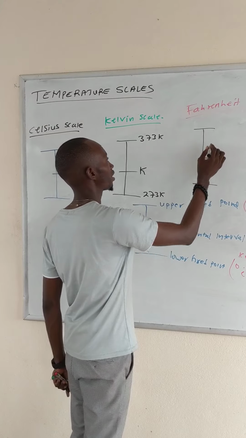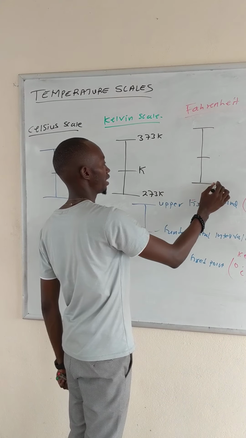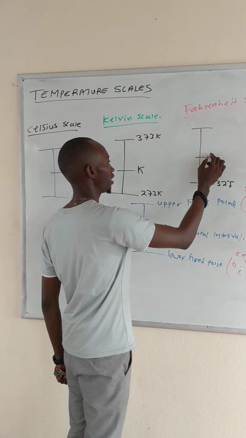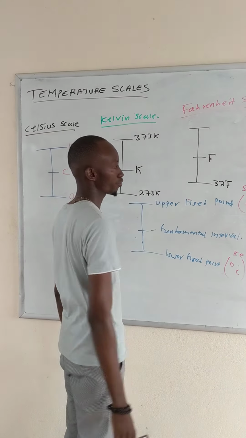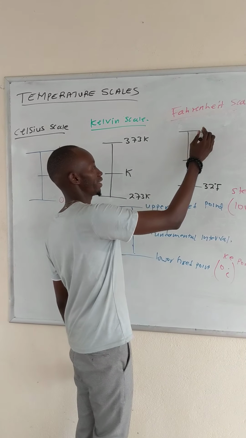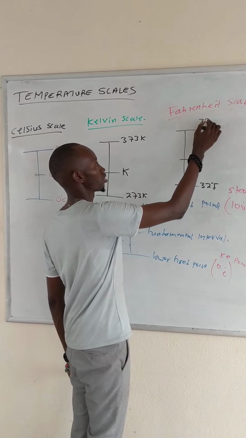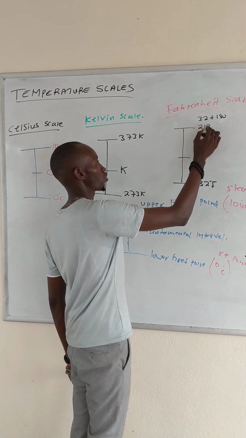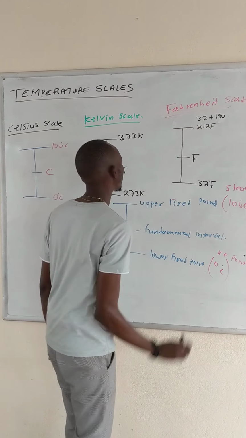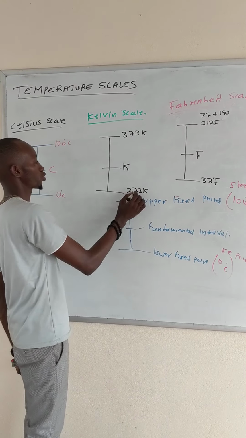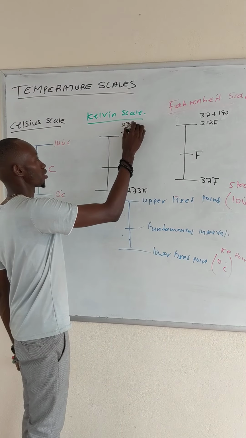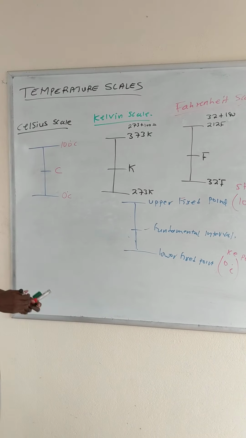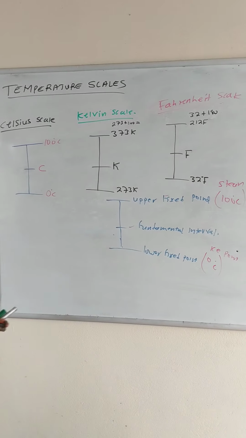The lower value here is 32 degrees Fahrenheit, and we represent it with F because we are looking for that value. 32 plus 180 gives us 212 degrees Fahrenheit. The same way, 273 plus 100 gives us 373. This is how we capture these values.